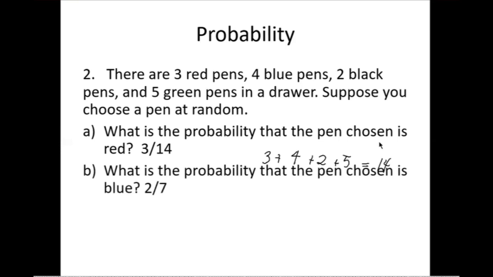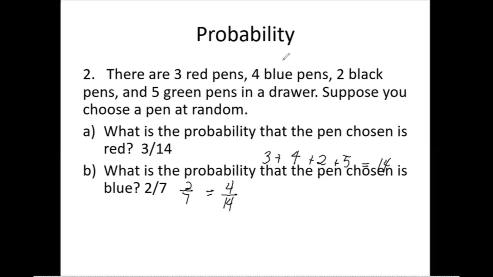Next, what is the probability that the pen chosen is blue? Kapag blue naman, 4. Kasi di ba nakita natin, 4 ang blue out of 14. Siyempre, pag sinimplify mo yun, carry din yun as 2/7.